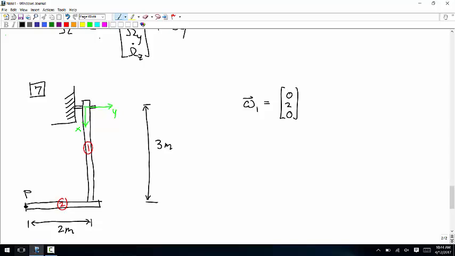And then for body 2, in this coordinate system, you have an angular velocity of negative 4, 0, 0, and an angular acceleration of 0, 10, 0. And we want to calculate the acceleration of p.